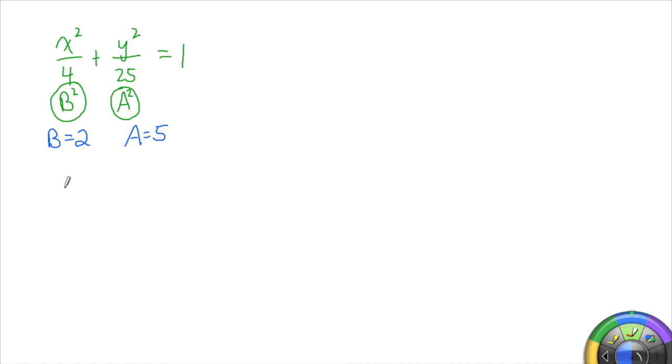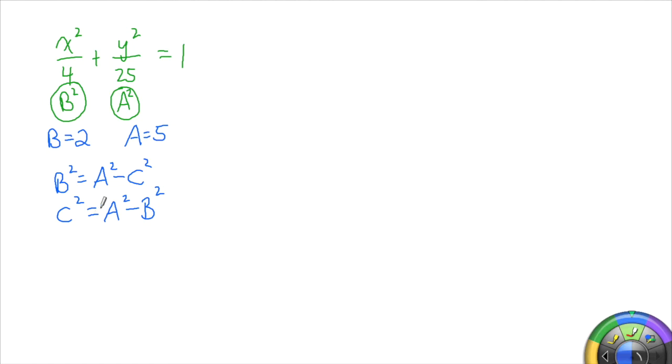And then we can find the c value, which is related to the foci, by setting up the formula b squared is equal to a squared minus c squared. Now that's kind of messy because we're trying to find c. So another way of setting up the formula is to switch the b and the c. So we're going to get c squared is equal to a squared minus b squared. I kind of think of it as the Pythagorean Theorem, but instead of adding, you're going to subtract.